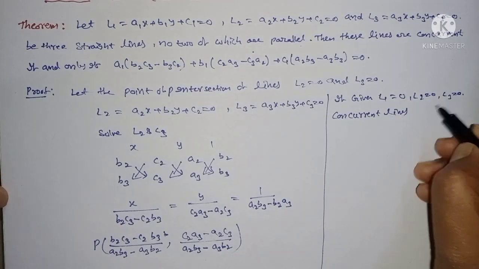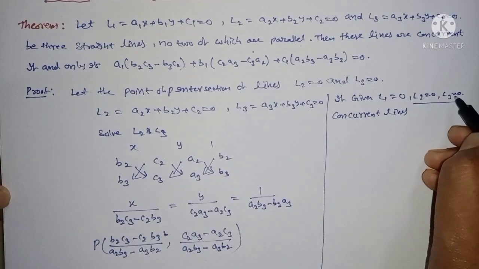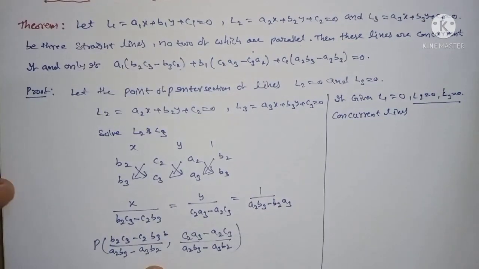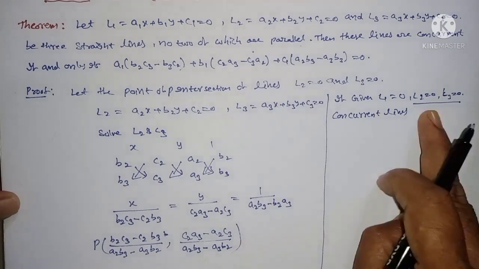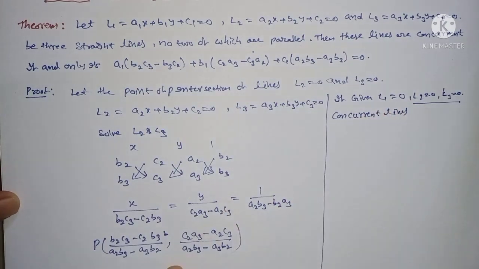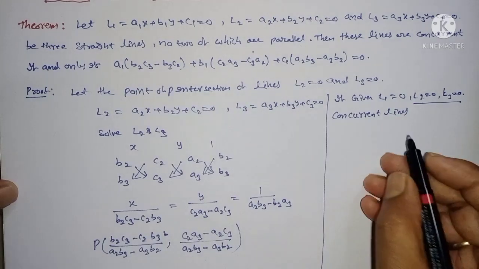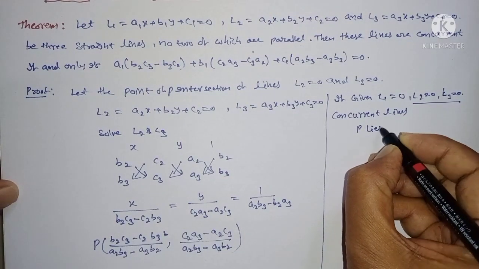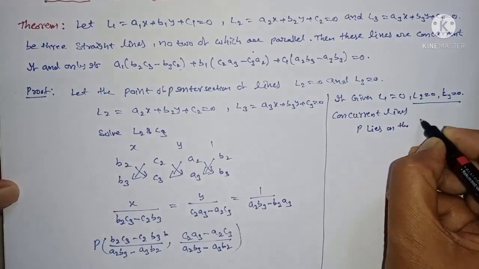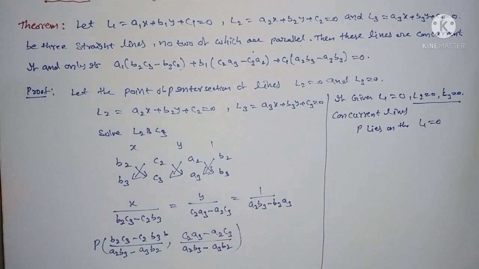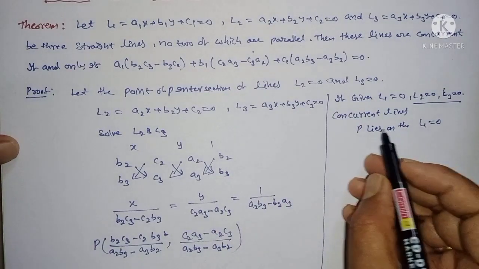Therefore you take L2 and L3, solve for the point of intersection, you get P, the intersection of L2 and L3, you can substitute in L1. Therefore you get the condition that the straight lines are concurrent. Therefore P lies on L1 is equal to 0. How can I write here? What is the L1?